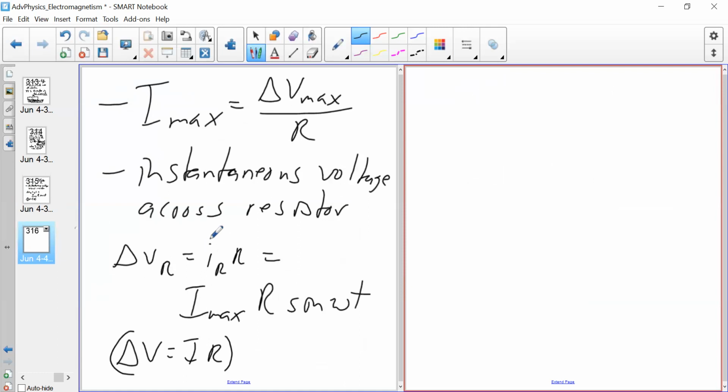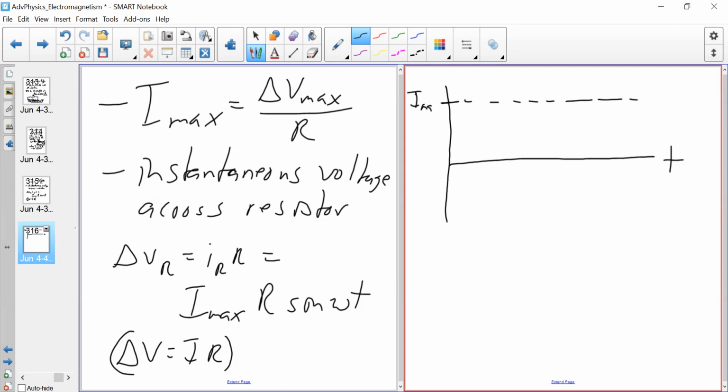So now let's take a look at this concept graphically. So the graph, I and R on the same axis, and then we have time. We're going to see that we have this up here as our I max, and then this is going to be our Vmax.